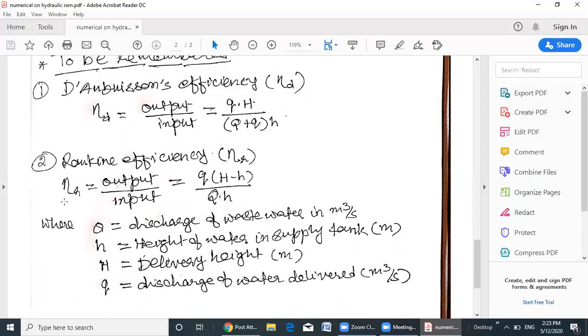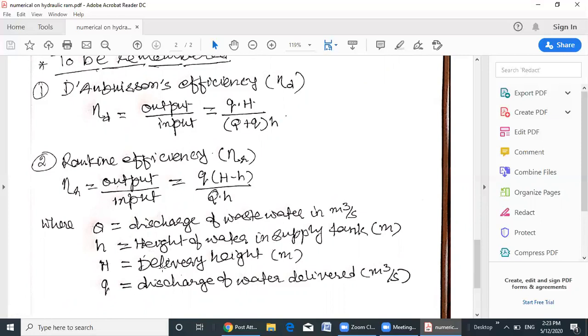Here you should know the notation. Capital Q is the discharge of wastewater in meter cube per second, and small h is the height of water in supply tank from where water is taken for delivery purpose.